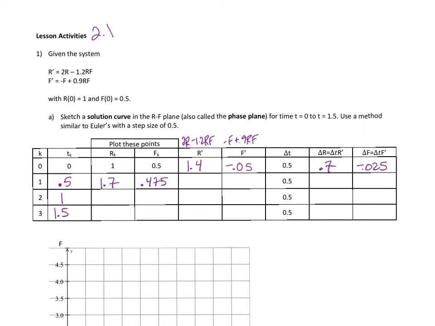So 2 times 1.7 minus 1.2 times r, which is 1.7, times f, which is 0.475, and you get 2.431. Okay, and then my f prime is going to be negative f, negative 0.475, plus 0.9 times r, which is 1.7, times f, which is 0.475, and we get 0.25175.